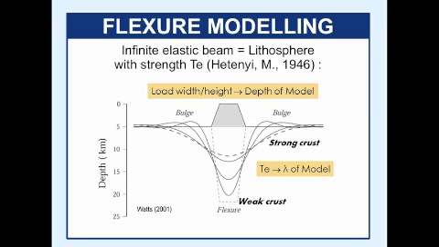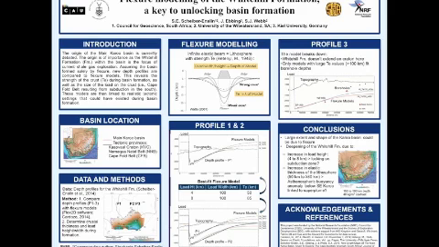The strength of the crust will affect the wavelength of this bending beam. You can see a stronger crust doesn't bend as much, and a weaker crust bends significantly. Our model is going to look like that, but cut in half, because we have the Cape Fold Belt in the south, and then we're looking at bending to the north of it.